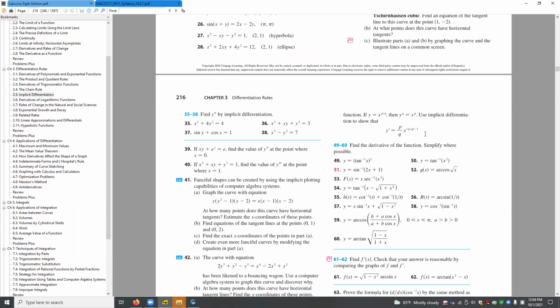And we want to find y double prime at the point where x is equal to 0.